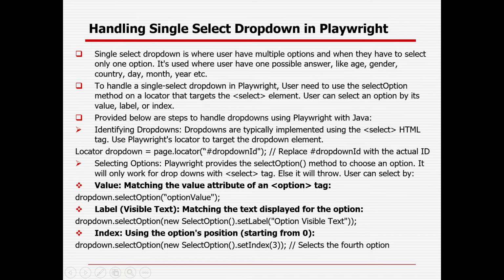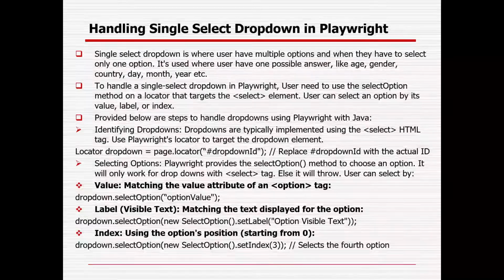So again, locator element object dot selectOption, new SelectOption dot setIndex. In case the index is n, it will be a total of n plus 1 elements. In case we are selecting index as, say, 4, it will be the fifth option that we select.